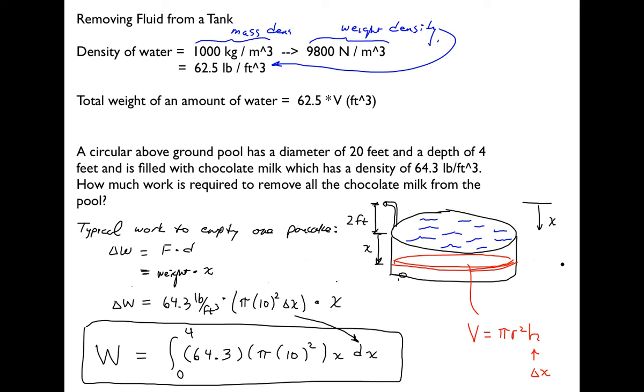So if your frame of reference is up here, then the layer at the top of the pool has to go a distance of how far? 2. And the layer at the bottom has to go a distance of 6. So you could still have x here, and you could go from 2 to 6. Or 0 to 4 and x plus 2, leaving the frame of reference where it was before.